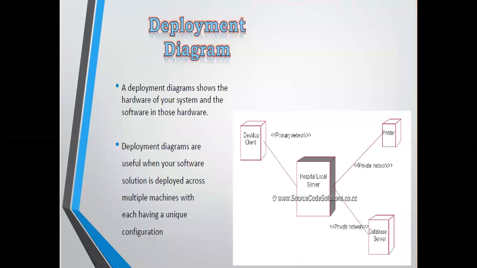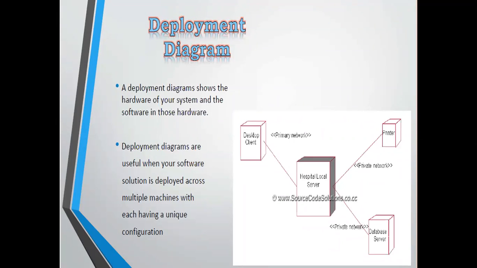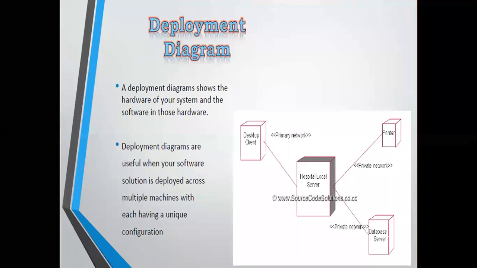The next one is deployment diagram. This deployment diagram shows the hardware of your system. Whenever we are going to deploy the system to the customer or end user, we are going to provide some equipment. Consider the scenario of a hospital management system.